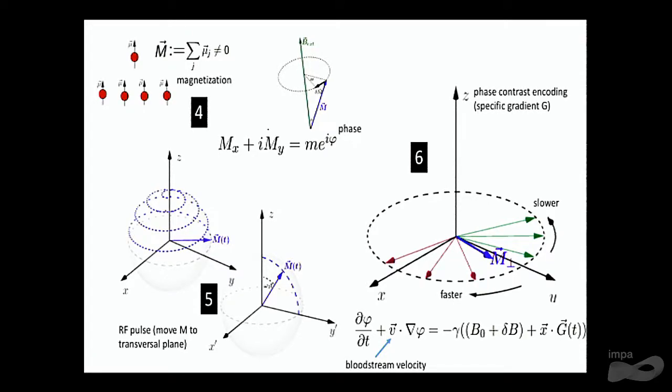That satisfies also a transport equation, and we try to recover, for instance, the velocity of the blood from the phase of the magnetization, finally. This is a second gradient, a second magnetic field you can apply in order to test this equation and recover this velocity.